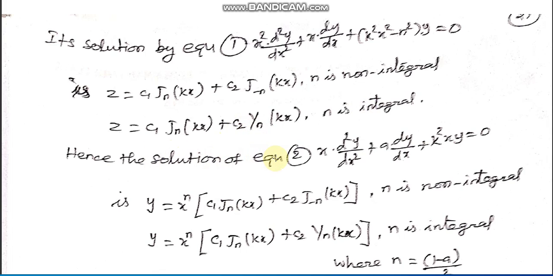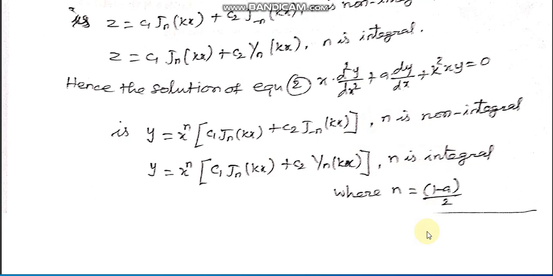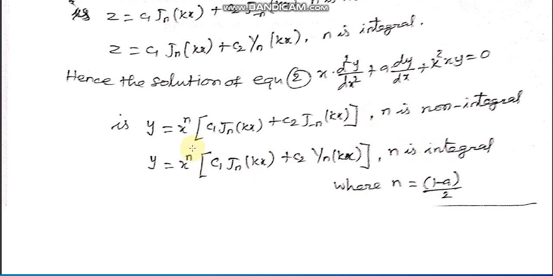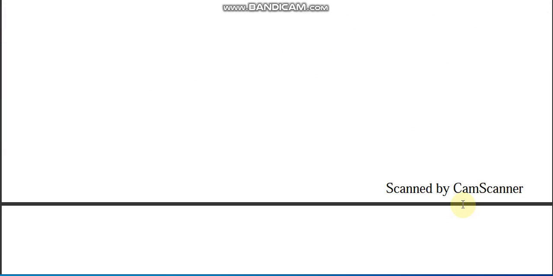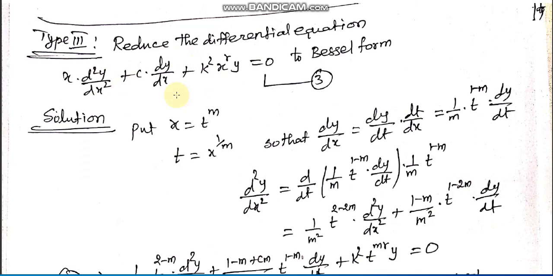Hence the solution of equation 2 is in this form when n is non-integral and when n is integral, where x power n takes this, n being in the form of 1 minus a by 2.